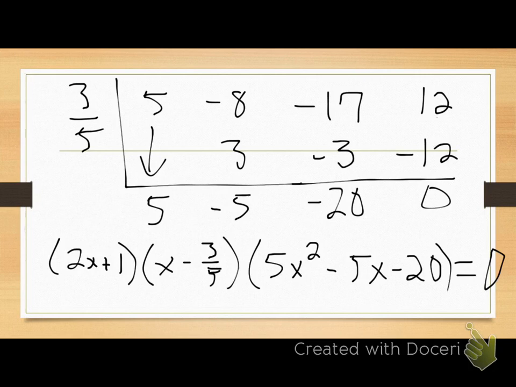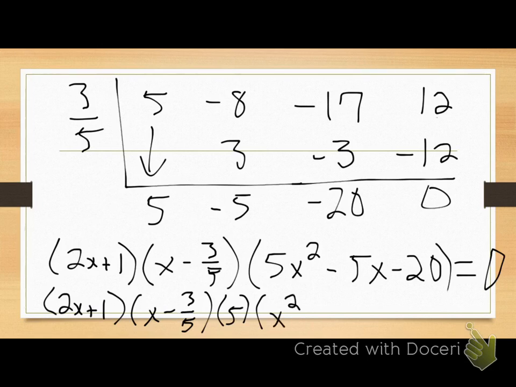Okay, I'm breaking it down further and further. Very good. In this new polynomial, in this set of parentheses, I've got a GCF of 5. Does everyone see that? So let's factor out that 5. Five times what would give me 5x squared? x squared. 5 times what would give me -5x?